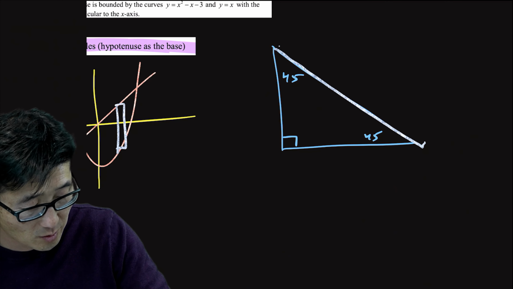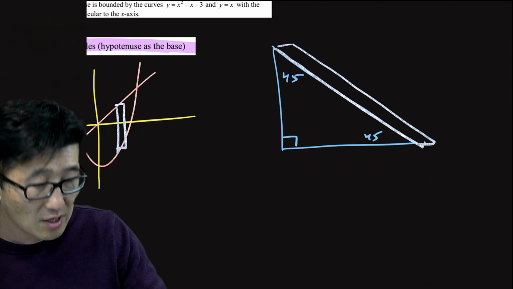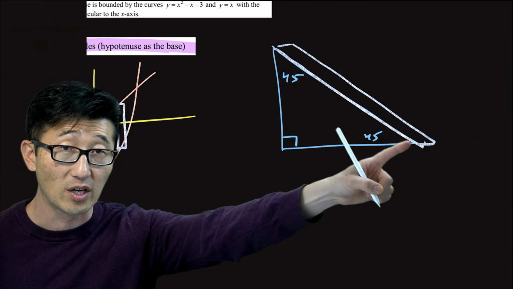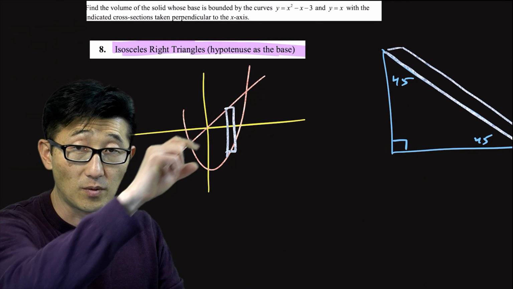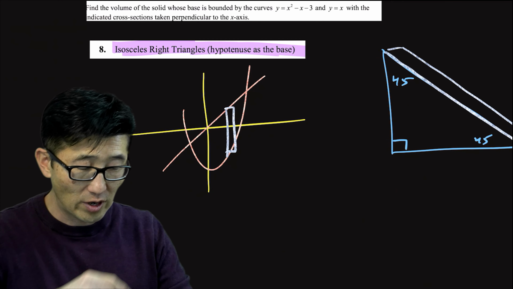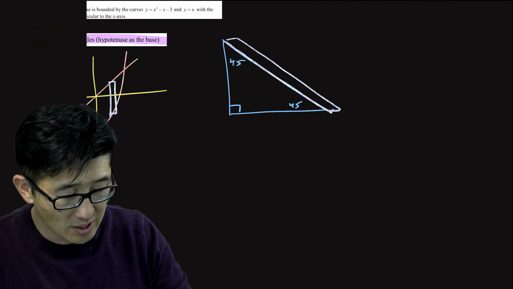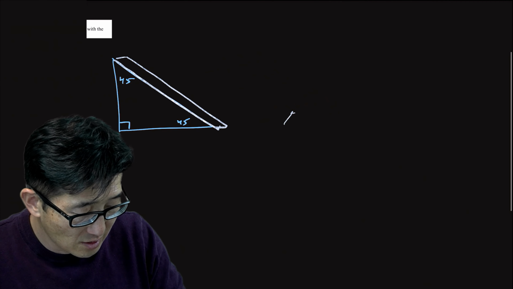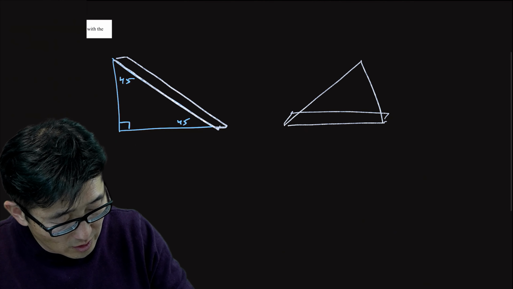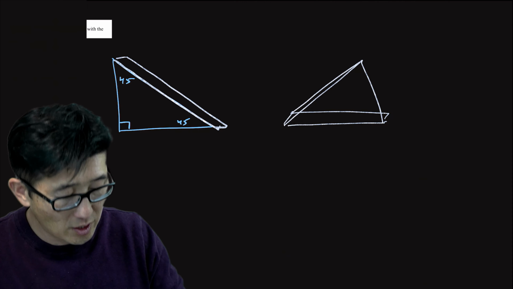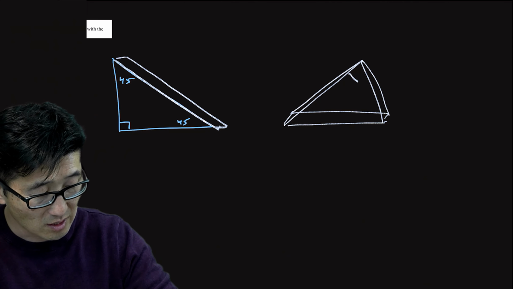If I open it up to make it three-dimensional, this plane right here is basically this part right over here, so that's going to be on the ground. If you look at it from the ground up, it's going to look something like this. I think I'm drawing it right. It's like a pyramid, though it's not exactly 90 degrees.